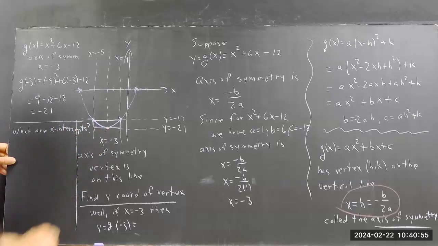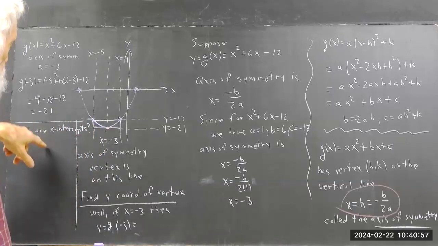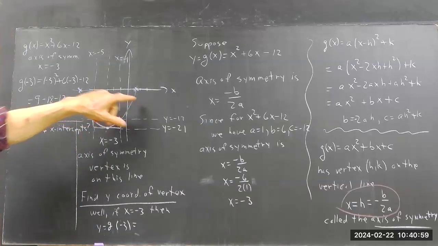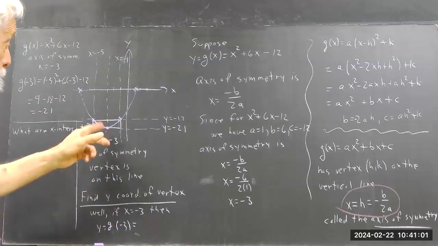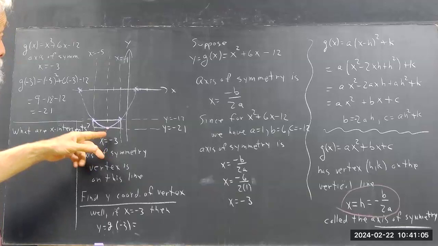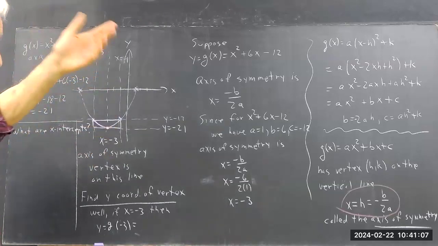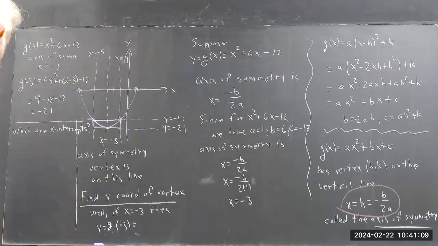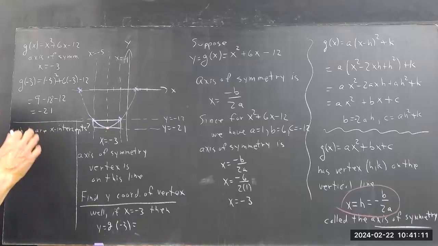One way or another, it looks like we have two x-intercepts because our vertex is below the x-axis and the parabola opens up. Now, I haven't really addressed the coefficient of x squared, but right now we'll just go with what we have. And what are the x-intercepts?